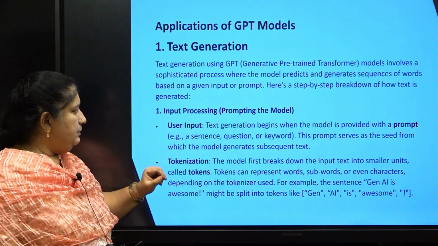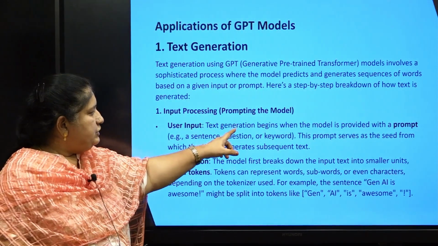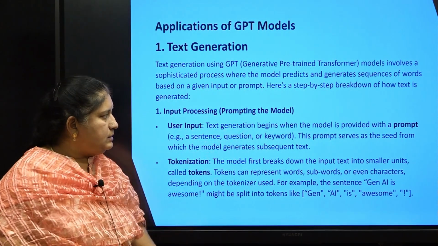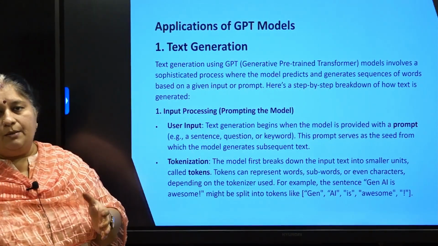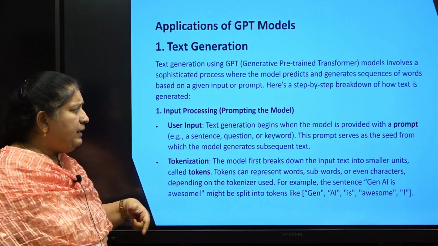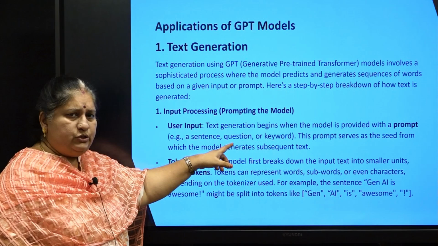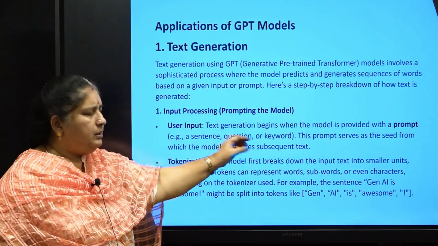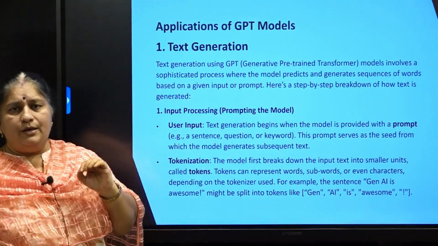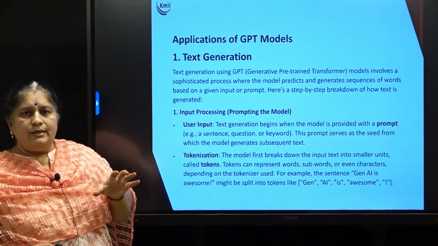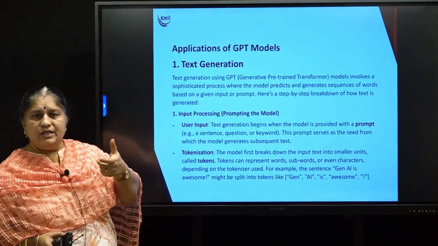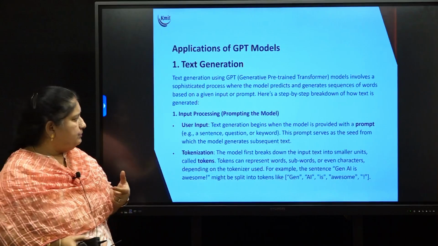Input processing, what do I have in this? First one, user input. The text generation application begins when the model is given a prompt. What kind of prompt should we give? It could be a sentence, a question, or a keyword, anything. Whatever we give to initiate the text generation is called a prompt.